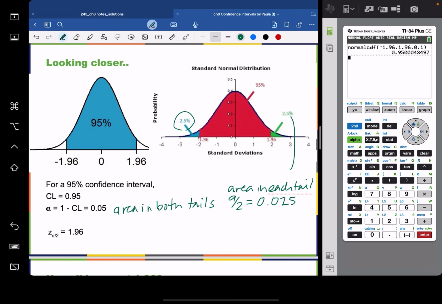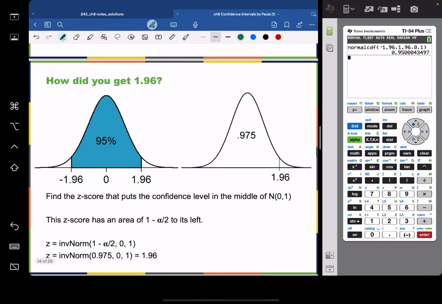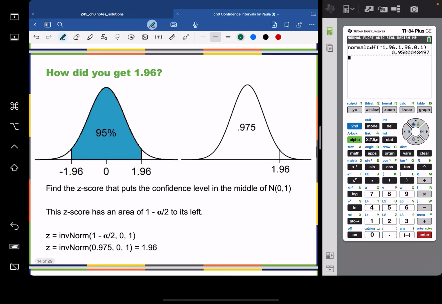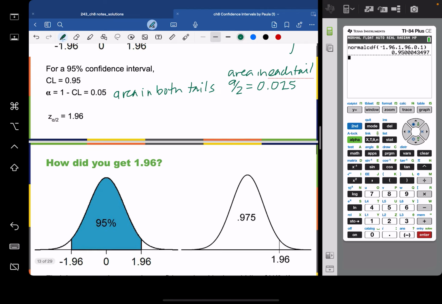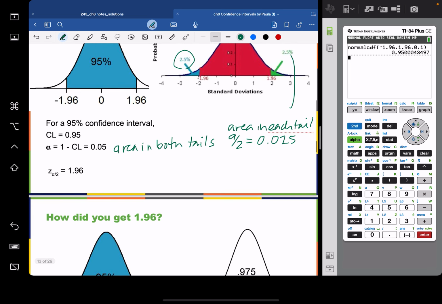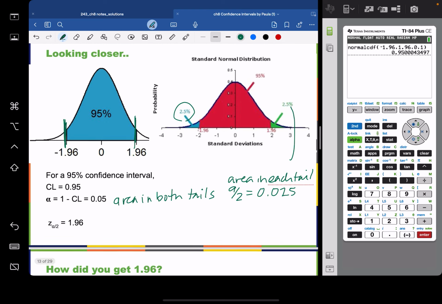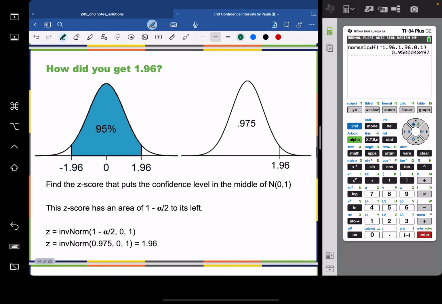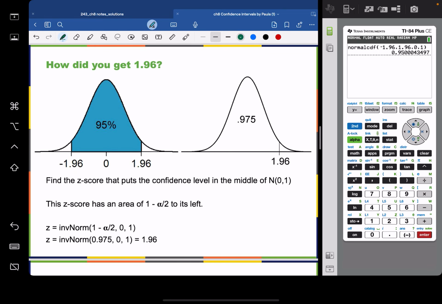And let's see, do I do that on the next slide? How did you get 1.96? Yeah, so this is where I explain where that came from. Z alpha over 2 is just, how do you find the boundary that will perfectly hold 95% of the x bar values? Find the z-score that puts the confidence level in the middle of normal 0, 1.